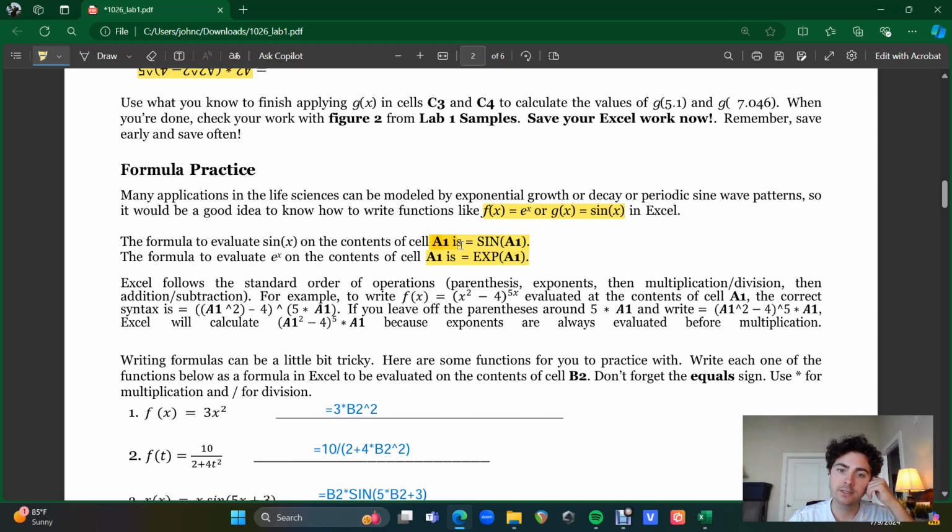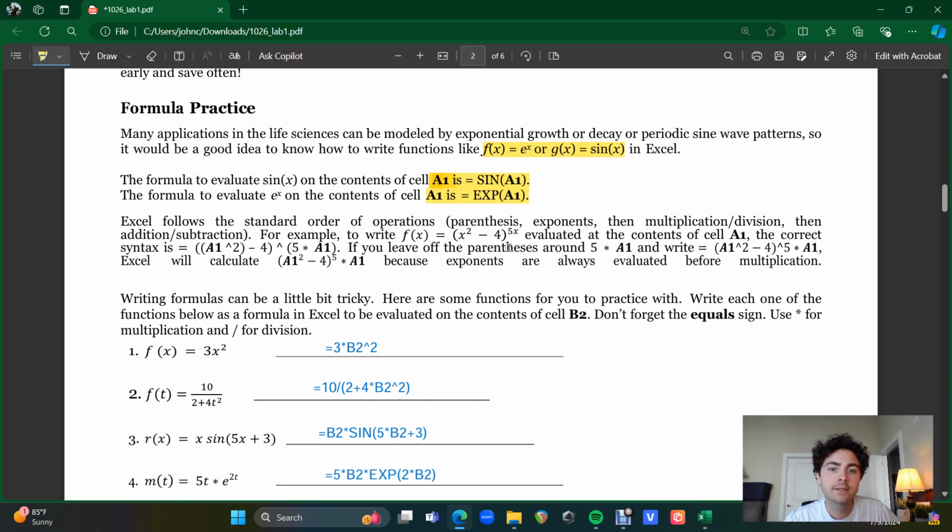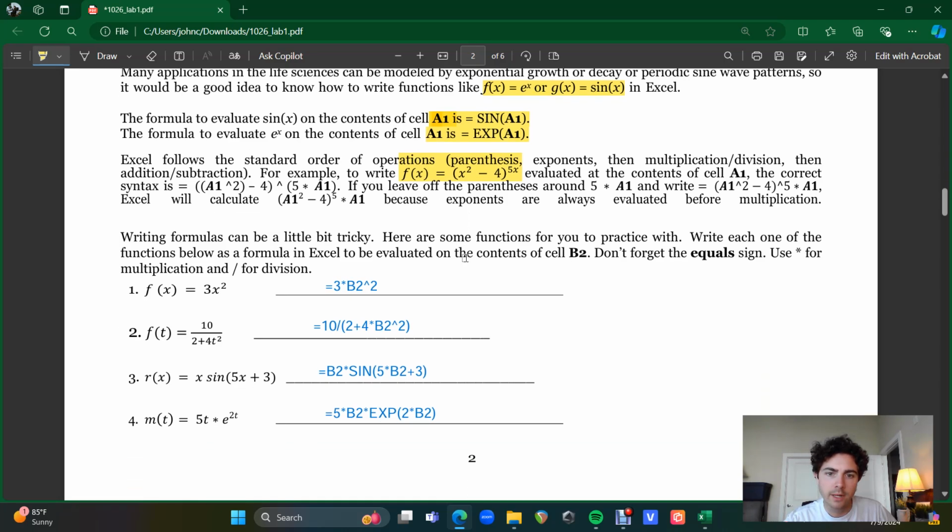Same thing with sine of x, it's just equals sine, in parentheses, the x, or whatever you're acting the sine on. They're just telling you how to use parentheses. Focus on parentheses, make sure you're doing those right. Here are some examples and what they would look like written out in Excel.